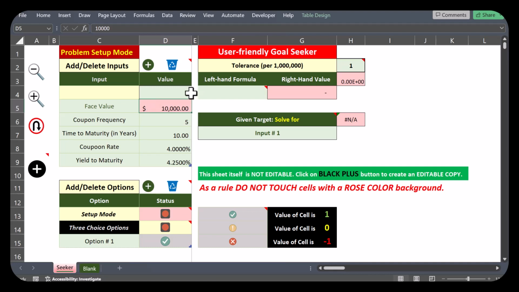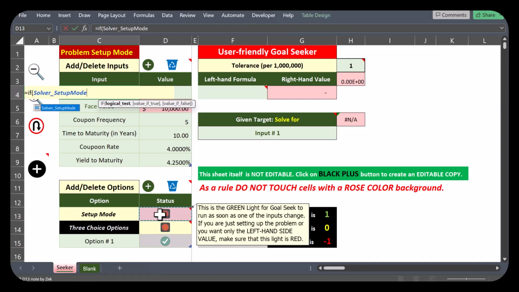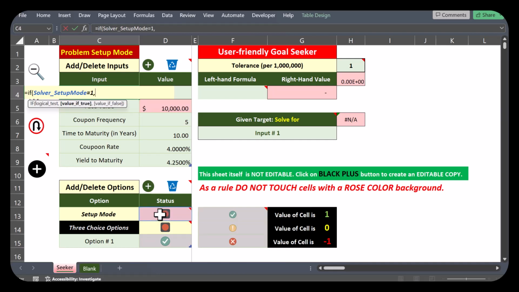This thing is going to be, let's do this. If, oops, I'm in the wrong keyboard again. If this thing is equal to 1, that's going to be market value. Otherwise, nothing.